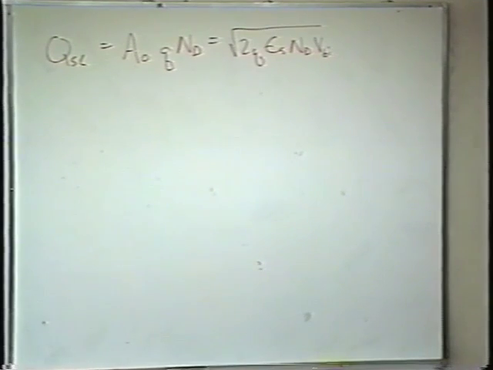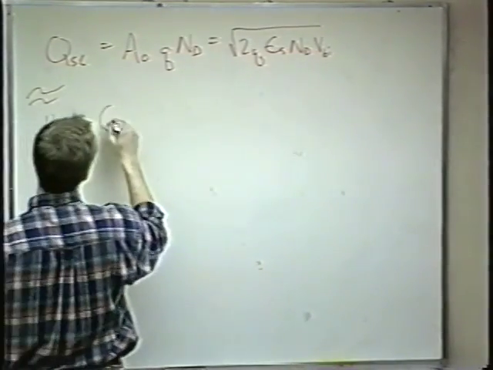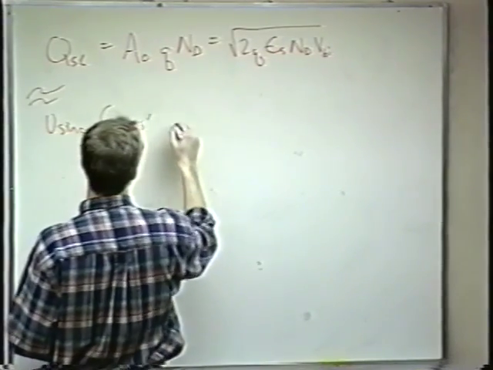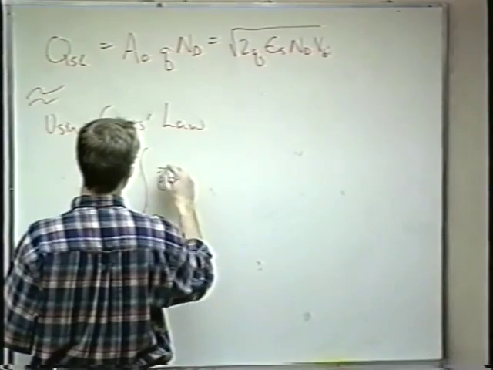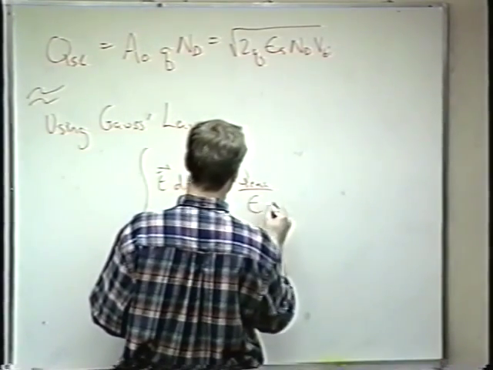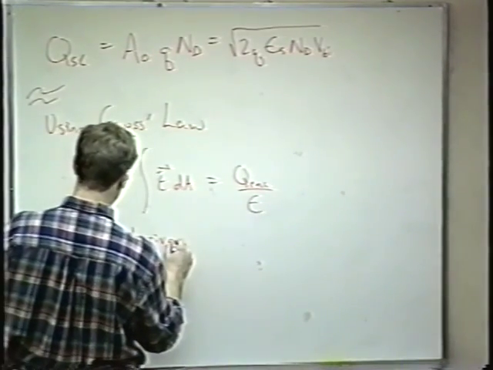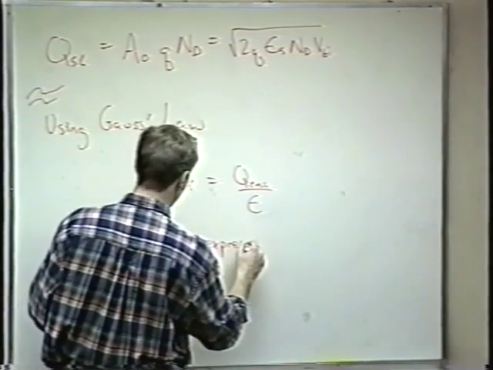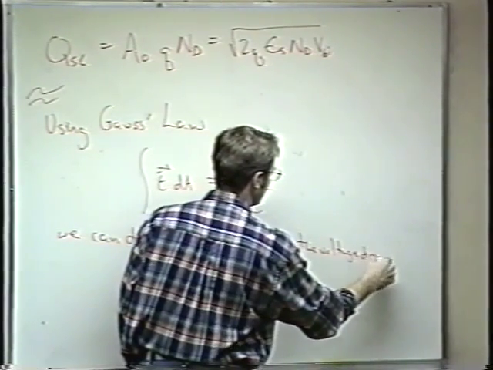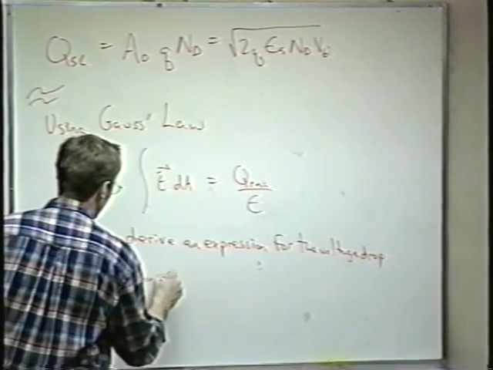Now, using Gauss's law, we can derive an expression for the voltage drop across the thin oxide layer.